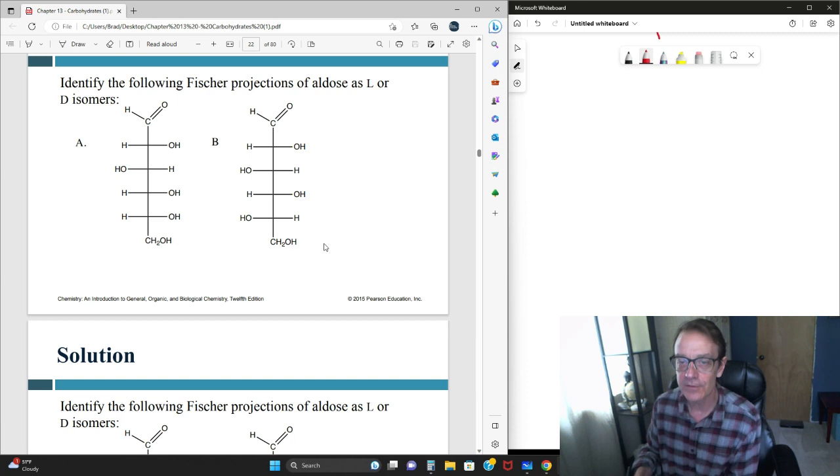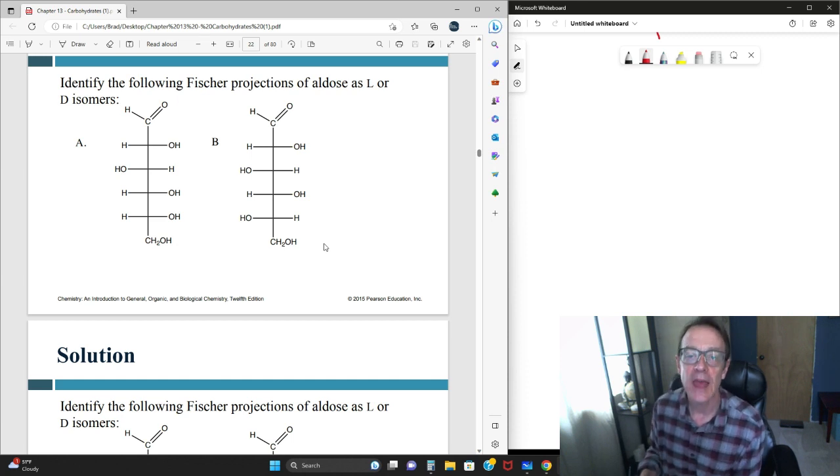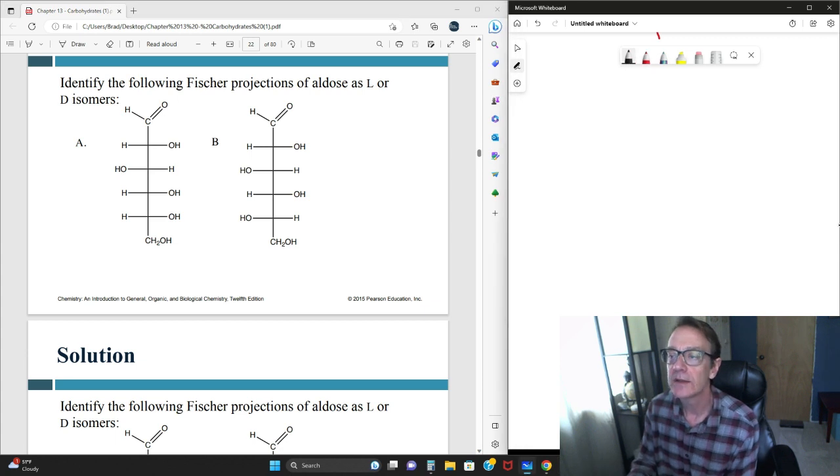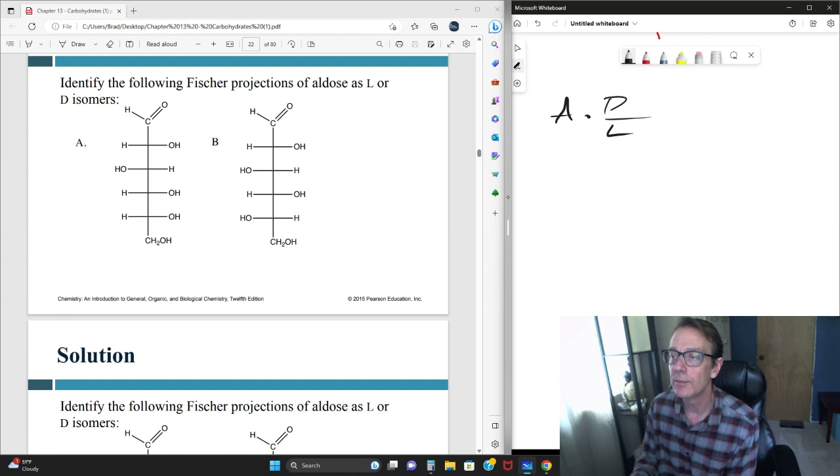Okay, so let's see if you guys were following along. Is example A the D or L version of that molecule? Well, the hydroxyl is on the right. That's the D. Okay, and in example B, that is on the left-hand side, so that is the L version.